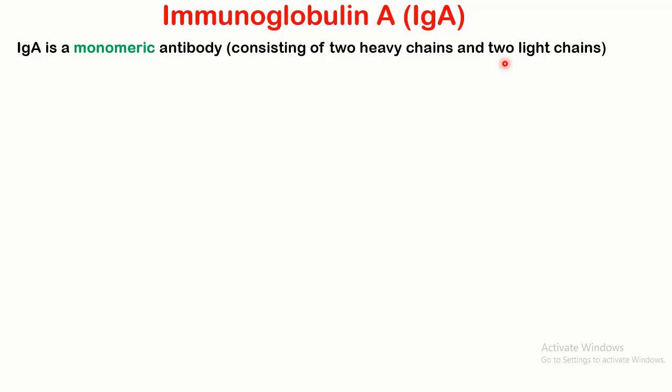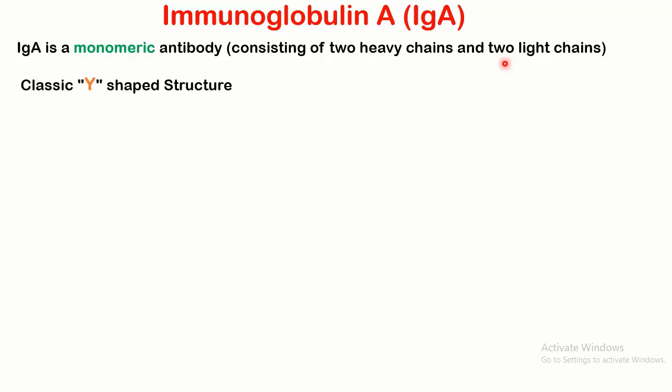The immunoglobulin A can be found in the monomeric form, but it can also be found in the dimeric form. But in this particular video, I am focusing on the monomeric form of the immunoglobulin A, and in the videos to come, I'll be talking about the dimeric immunoglobulin A as well as the different subtypes of the immunoglobulin A. So don't worry about that.